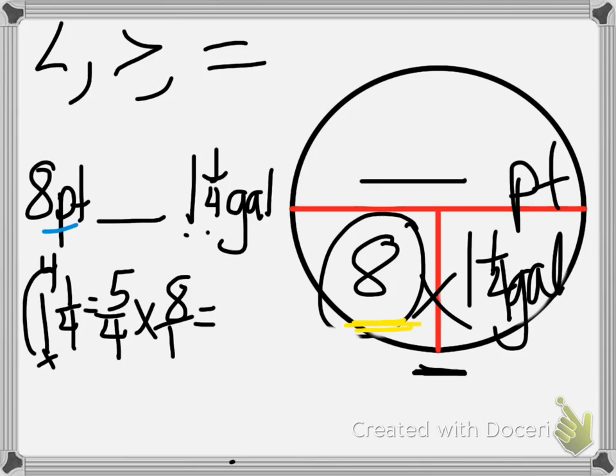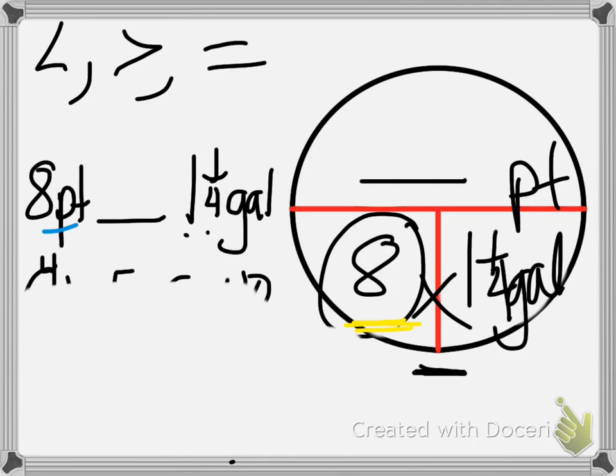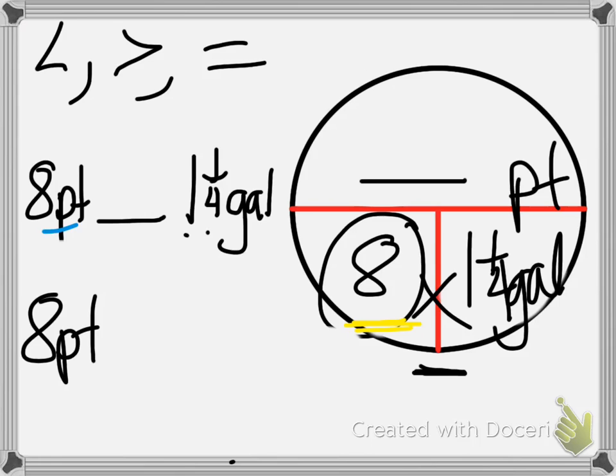So here I go, 5 times 8 straight across, that's going to give me 40, and 4 times 1 straight across is going to give me 4. Simplify 40 over 4, and 4 can go into 40 10 times. Alright, so let's erase this. So now I know that 1 1/4 gallon is actually 10 pints.